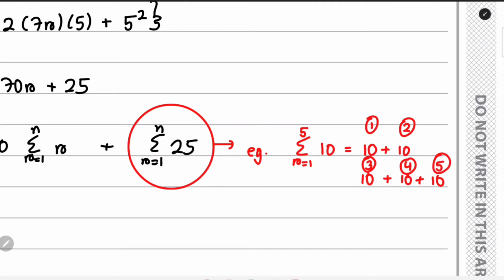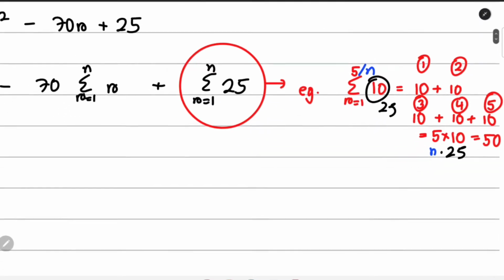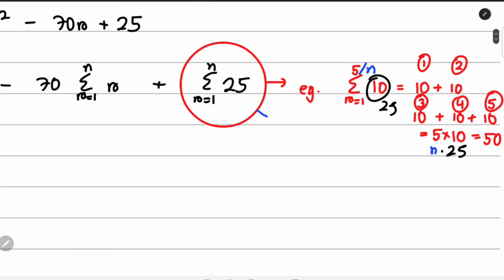So I am adding 10 five times, which is 5 times 10, or 50. If I replace the 5 with an n, I have n times 10, and if I replace the 10 with a 25, I have n multiplied by 25. So the summation of this will be 25 times n.